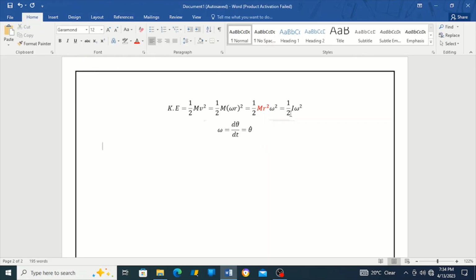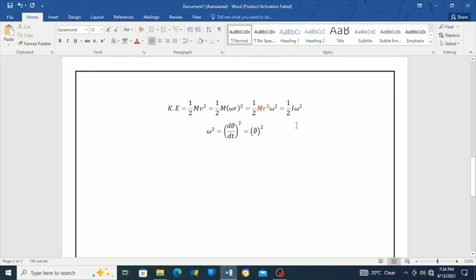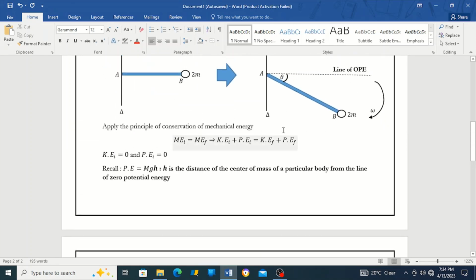So omega squared is simply equal to d theta by dt all squared, which is theta dot all squared. So all we need to look for is our KE final and our KE initial.